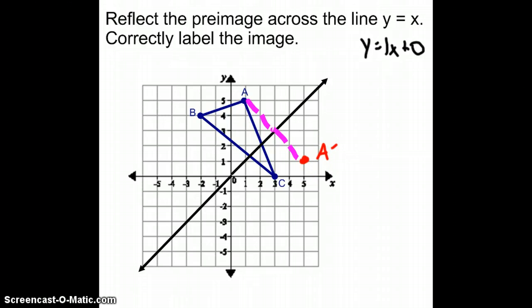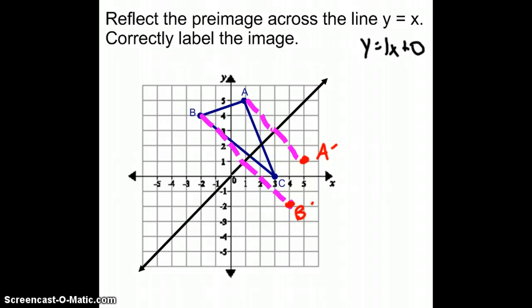Similarly, B is 1, 2, 3 diagonals away. So we need to go 1, 2, 3 diagonal spaces away, and we can draw the point B prime.